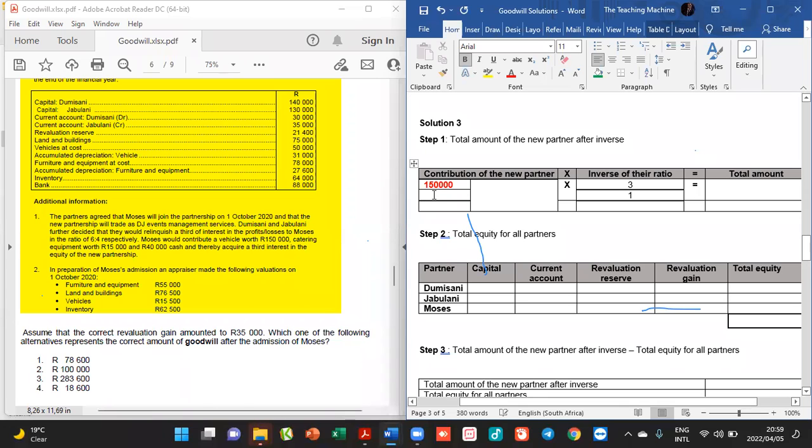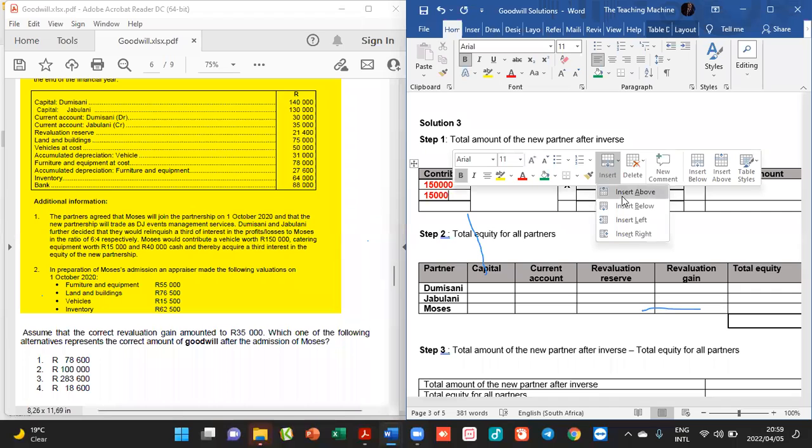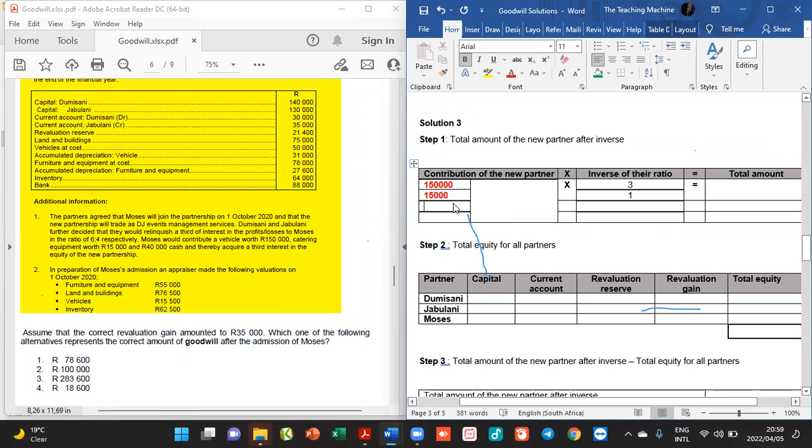Let's just add equipment and cash. It should be 55,000, but let me do them separately. 15,000, I'll add another column below. All right, 15,000 plus 40,000.